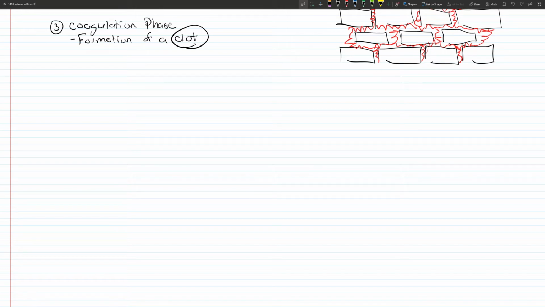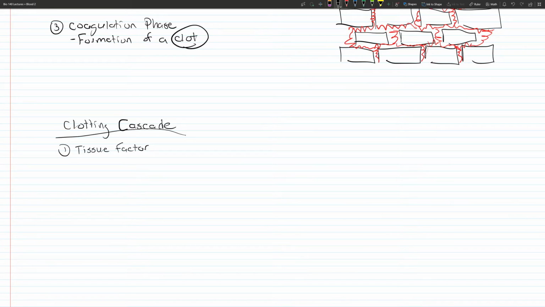Okay, so the clotting cascade. There are 2 things that can initiate it. The first thing that can initiate it is this thing called tissue factor.